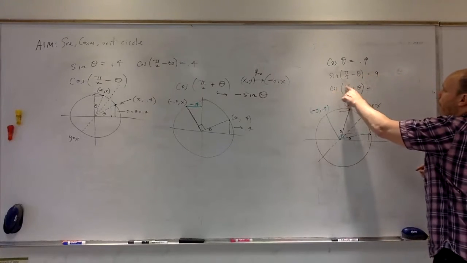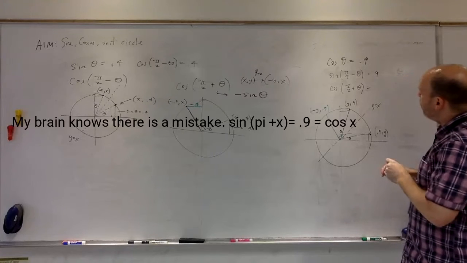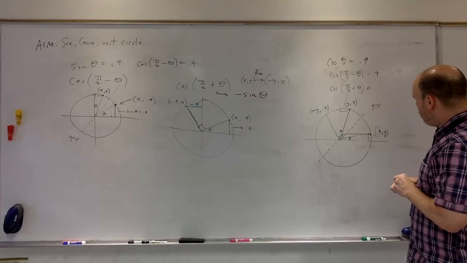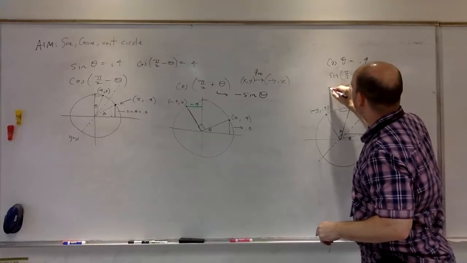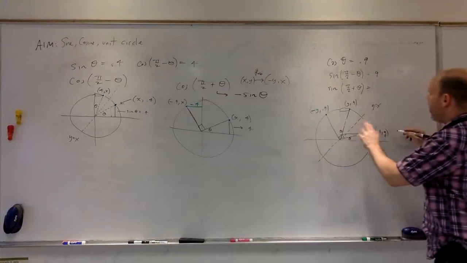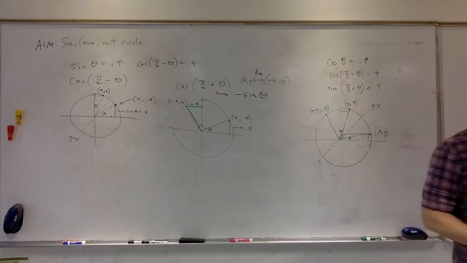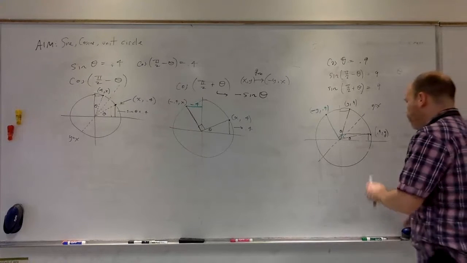So the cosine of pi over 2 plus theta is still, what is that? Oh, I'm sorry. Yeah, it's 0.9. I apologize. Nice. Okay, we're done with that.